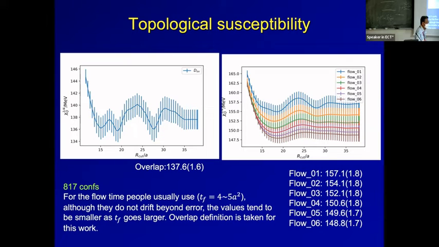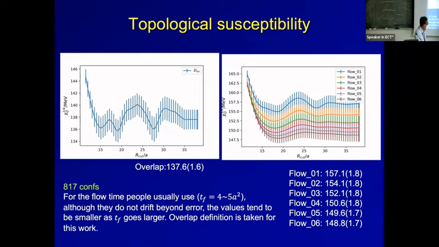Because the more you smooth your configurations, the more topological content you lose, right? Yes, yes. I thought usually people say go very far. But there's a region where you should see a plateau. We have a rather large range of flow times where the projection is flow time independent. Yeah, but at some point you start drifting down. We didn't go there.